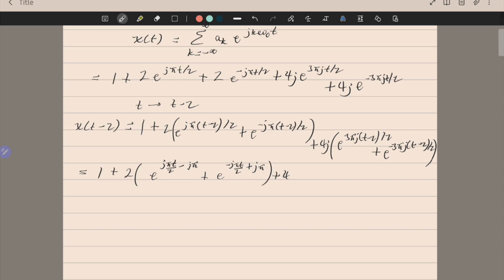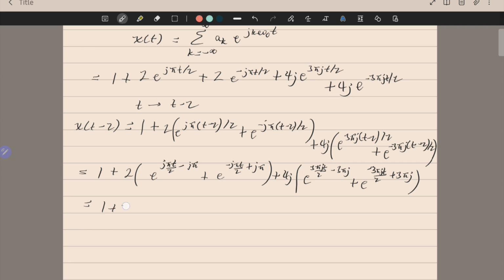Okay, for this one, 4j multiplied by e to the 3 pi j t over 2 minus 1, because minus 2 over 2 multiplied by 3 pi j, so minus 3 pi j, plus, same thing here, minus 3 pi j t over 2. So this is plus 3 pi j.